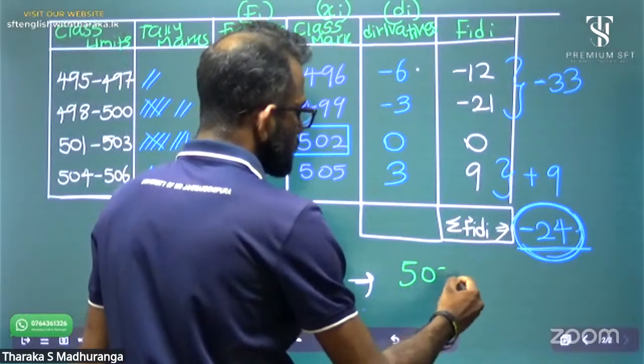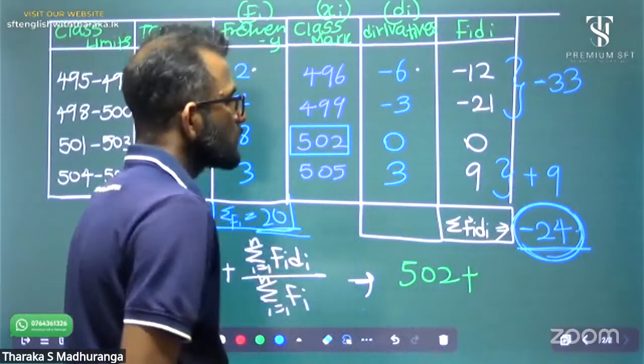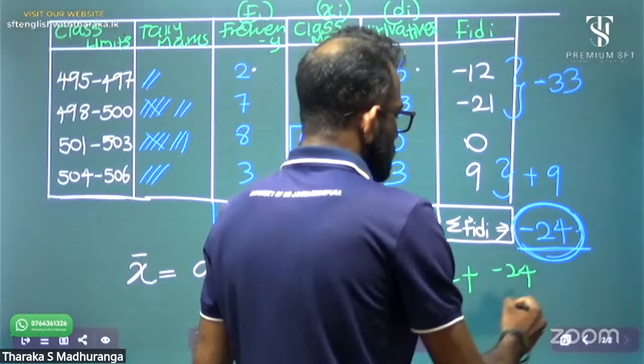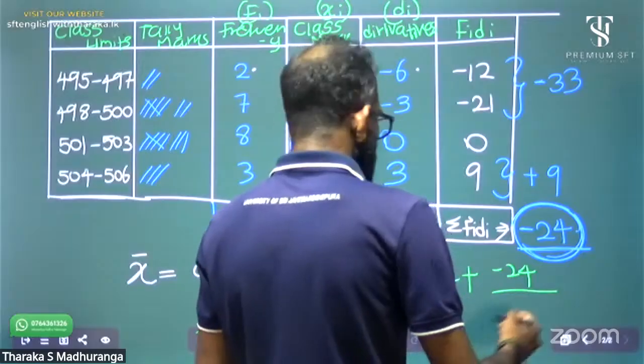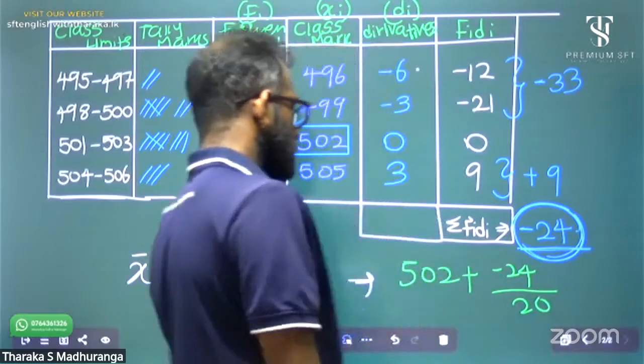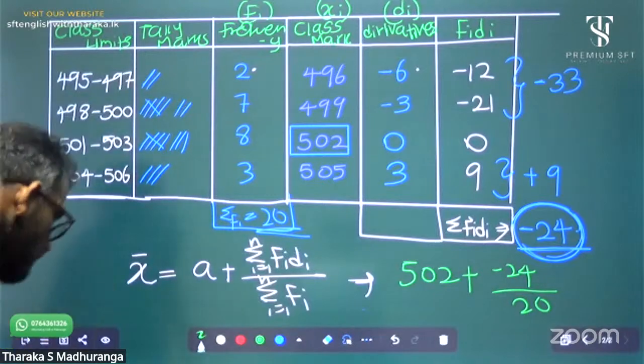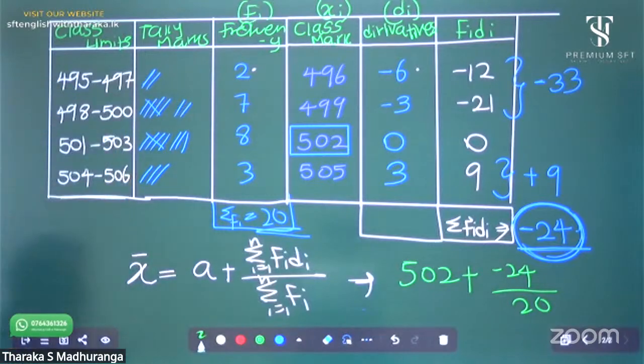Assumed mean 502 plus minus 24 divided by 20. Minus 24 divided by 20, what's the value?